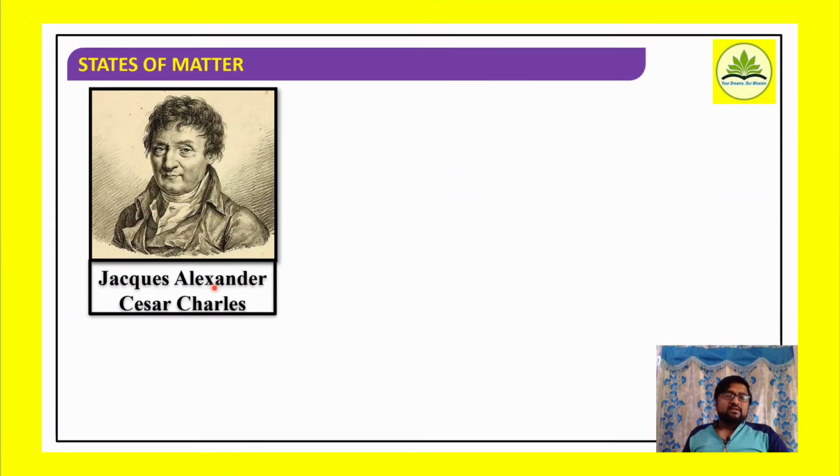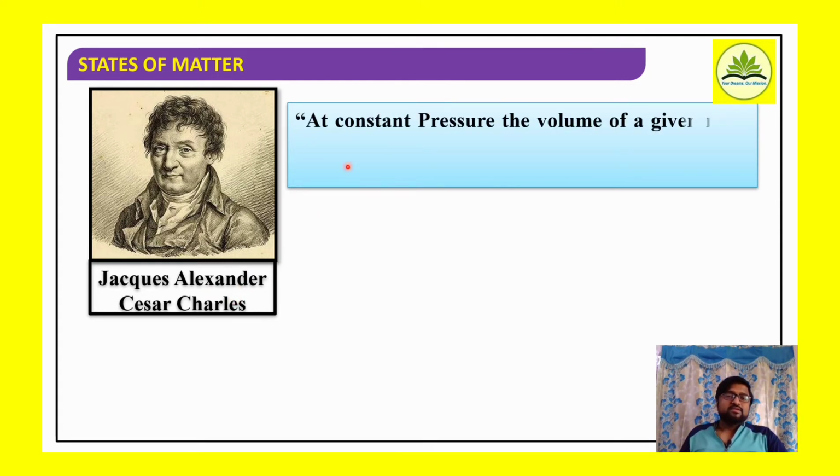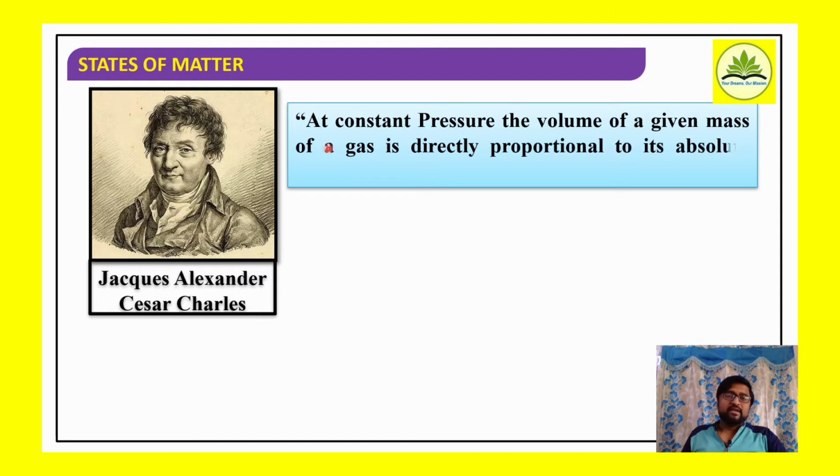The scientist Jacques Alexandre César Charles proposed the relationship between volume and temperature. The statement of Charles law: at constant pressure, the volume of a given mass of a gas is directly proportional to its absolute temperature, or simply, temperature.